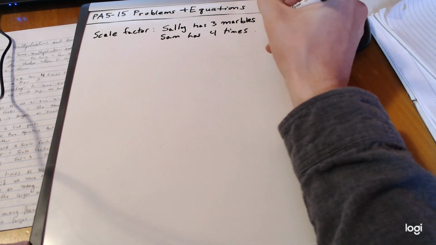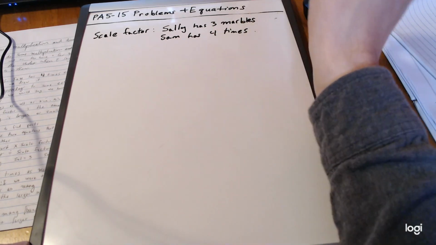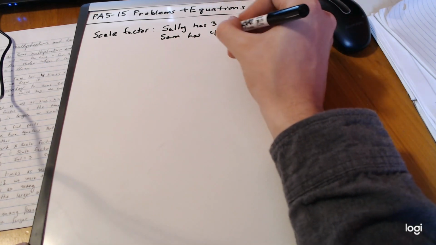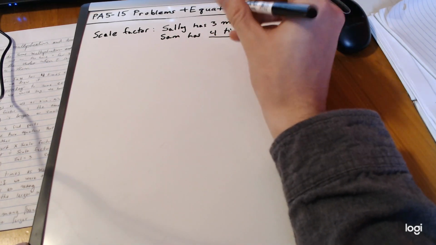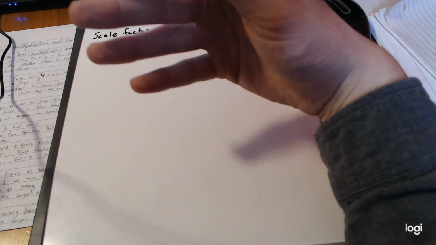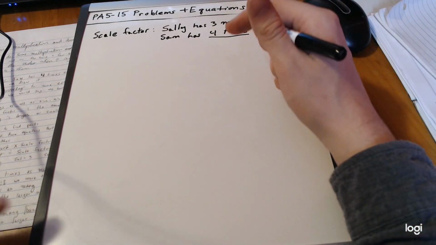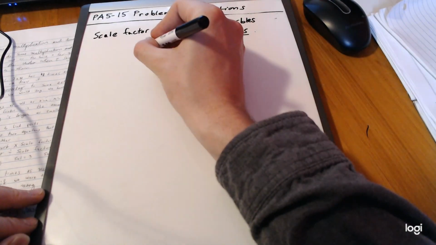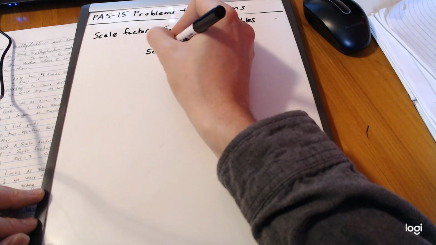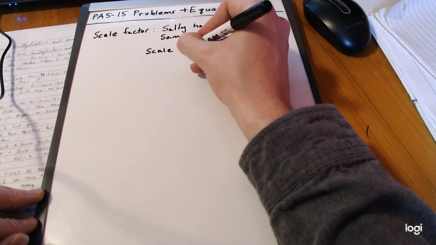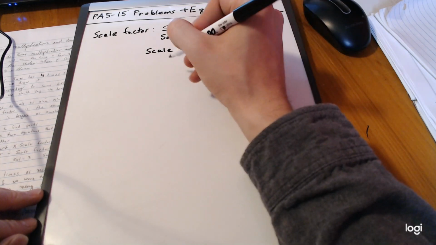The important thing to note here is the 4 times. 4 times means that he has 4 times the amount of marbles. We've talked about this in past lessons. This is just continuing with this, and now they're using scale factor as the idea. So the scale factor in this example is 4. We'll come back to that in a second, and I'll do some more work here.